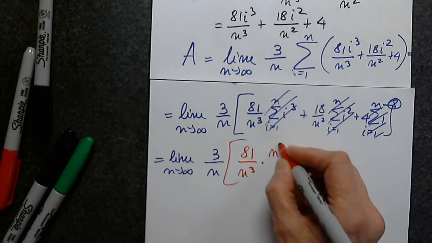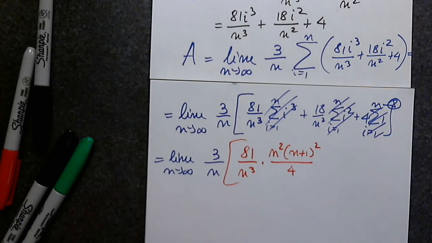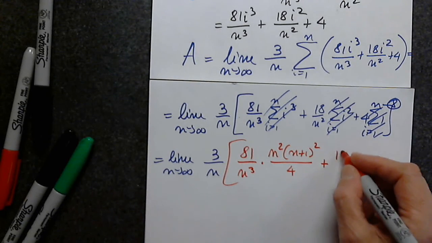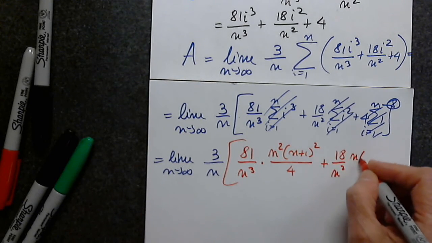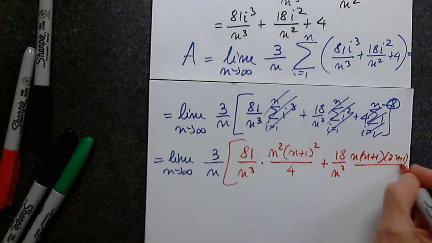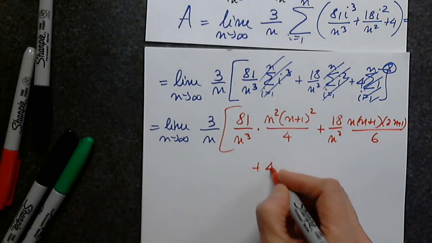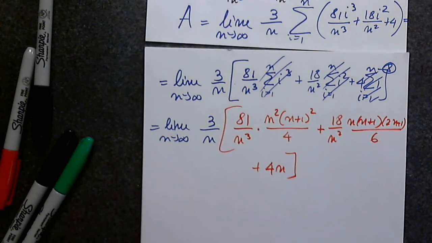I'm going to write it like this: n squared, n plus 1 squared over 4. Plus 18 over n squared, very good, n plus 1, 2n plus 1 over 6. And the last one plus 4n.